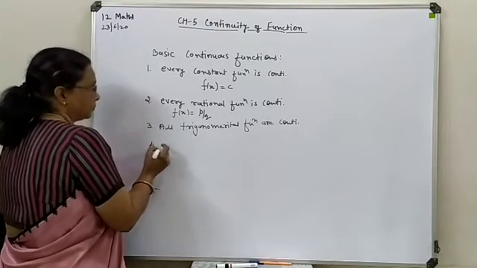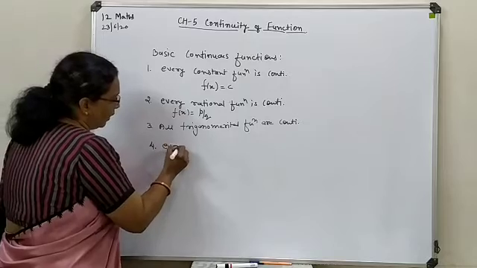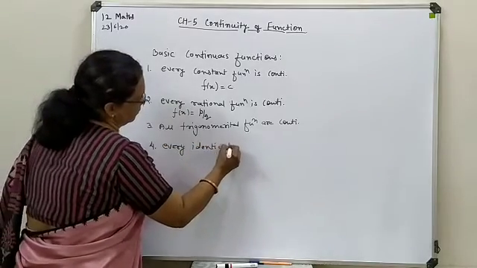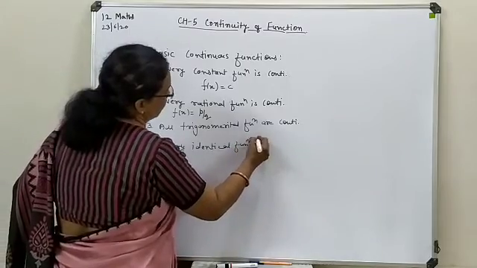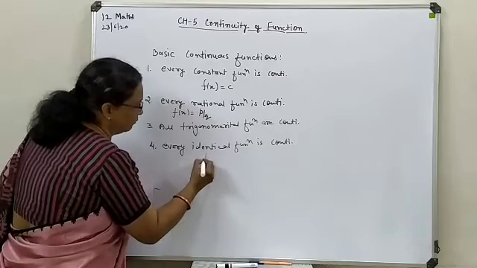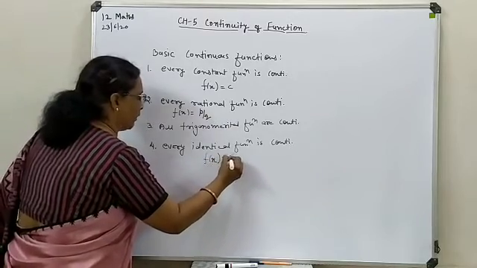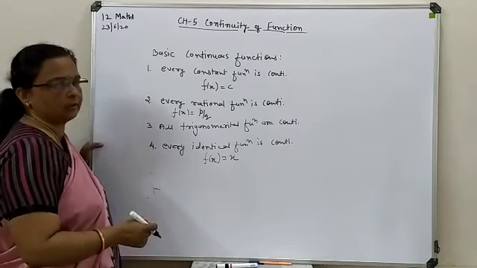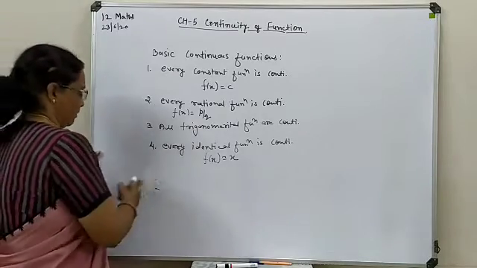Next is every identity function is continuous. Are you clear about the identity function? That means whatever you write as the input, you will get the same as the answer. So that type of function is also considered a continuous one.